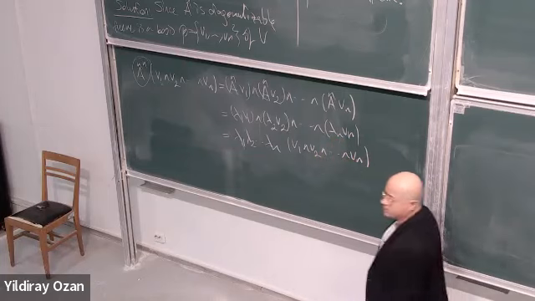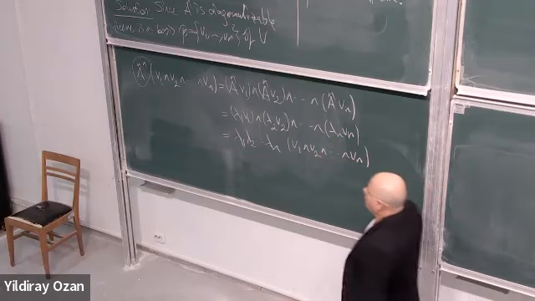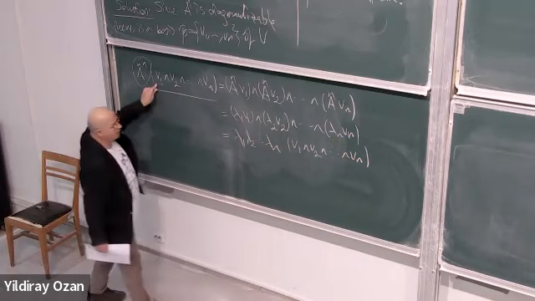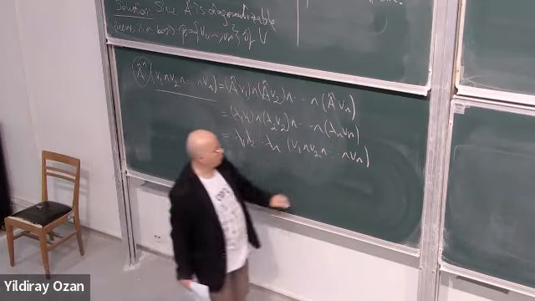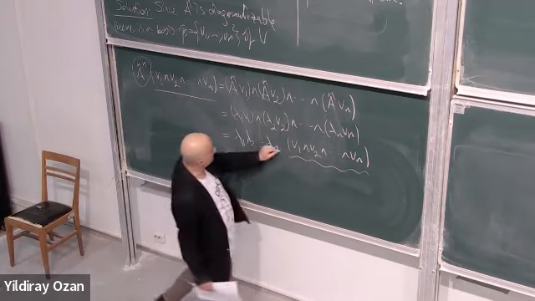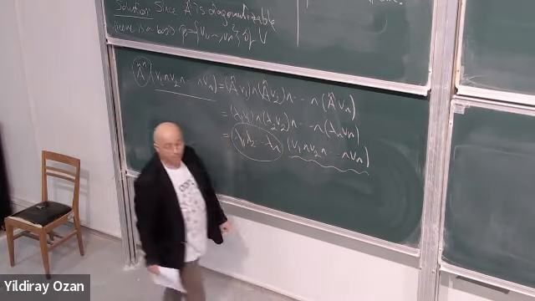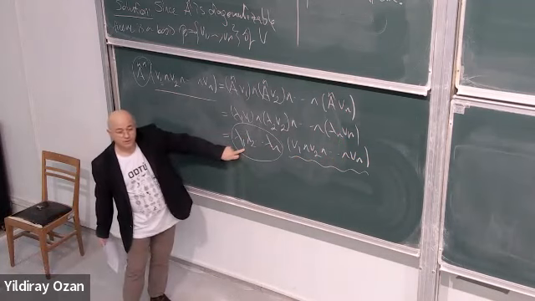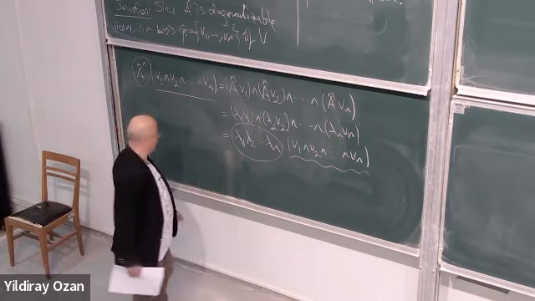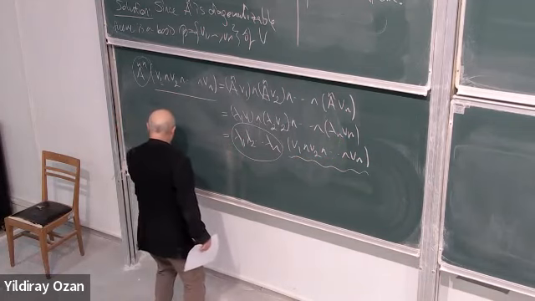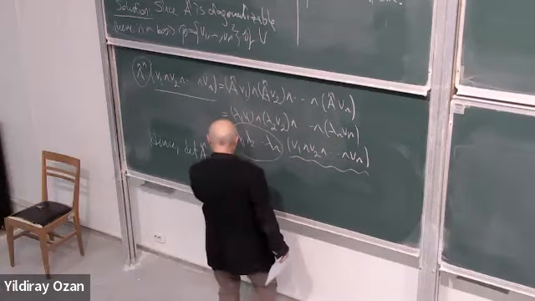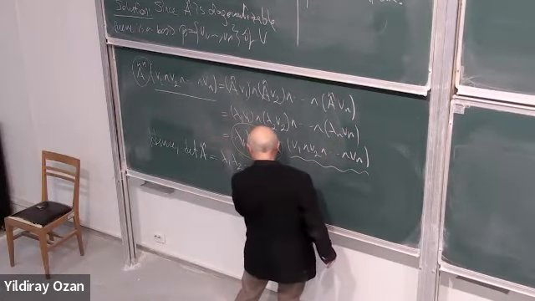So what we see is that A hat takes this and sends it to a multiple of that, and that multiple is just this number. Therefore, this is the determinant, right? This is the definition of determinant. So hence, the determinant of A hat is just lambda 1, lambda 2, lambda n.